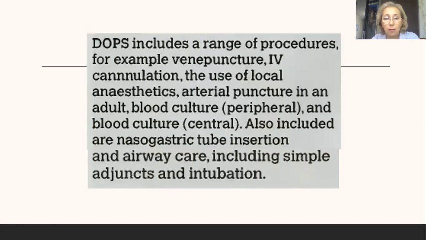There are a lot of medical terms here. Do we understand them? What are simple adjuncts? I don't know how to explain this. Maybe somebody can help us and have a look at the translation, because it's better to translate. Who can find a definition for this?